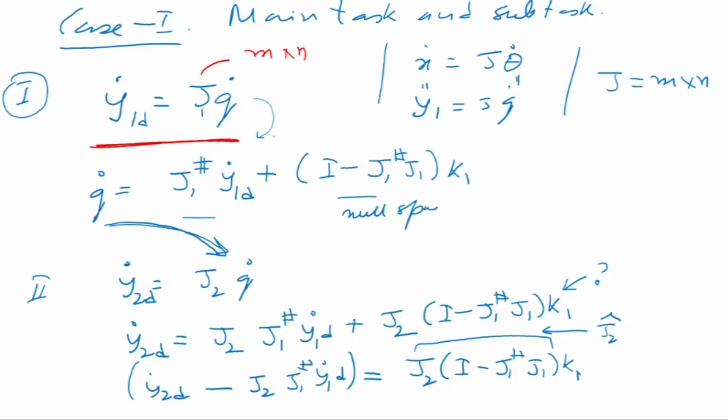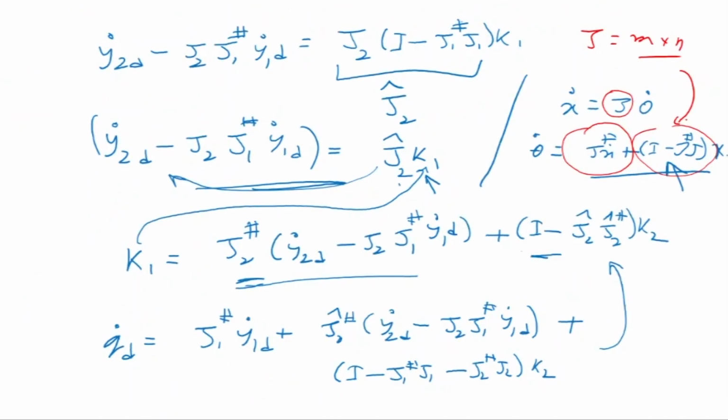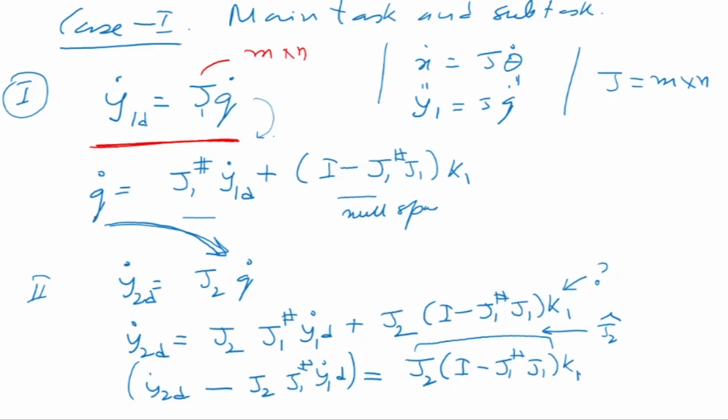So when I found q dot, which is the joint velocity, by integrating the joint velocity you can get the position, right? So at a particular instant, incrementally, you can get the next position by incrementing it. Okay, so here, when I'm trying to find q dot, because J1 is non-square, one term is this and the other is that.